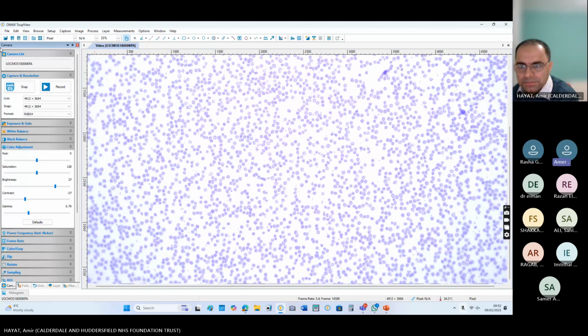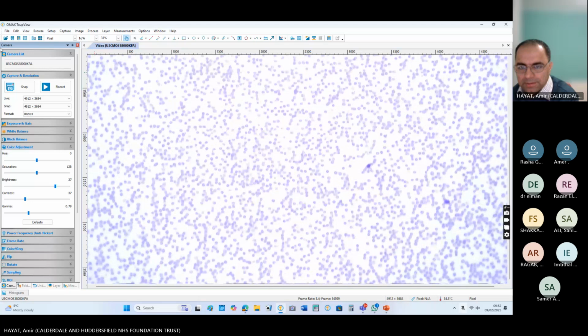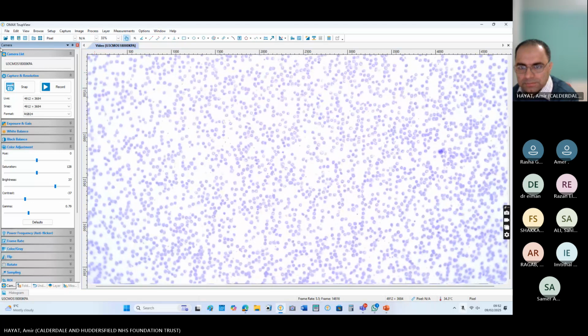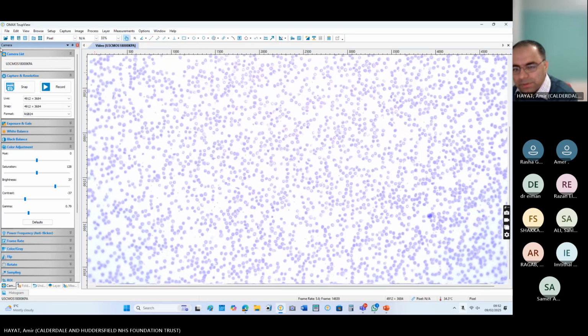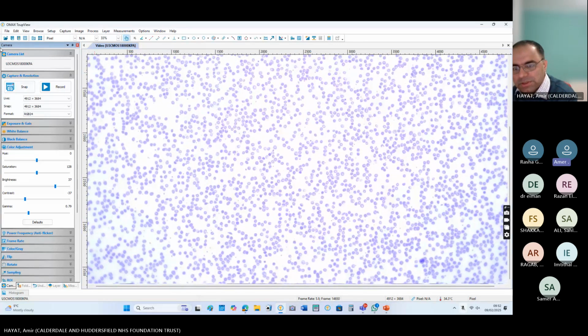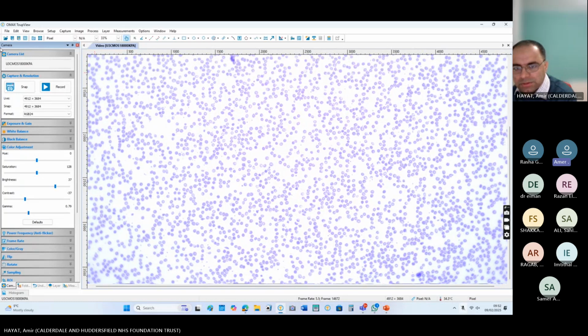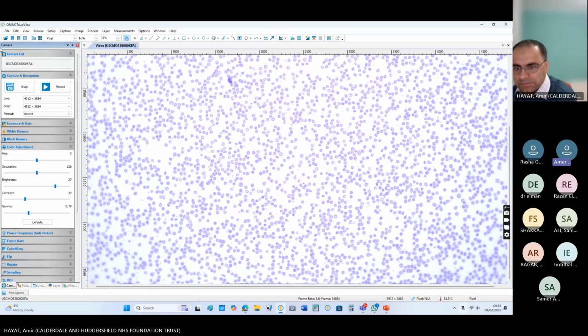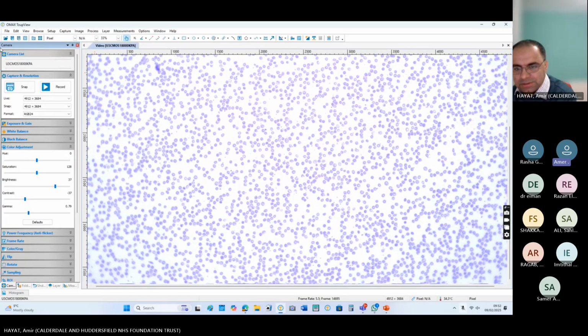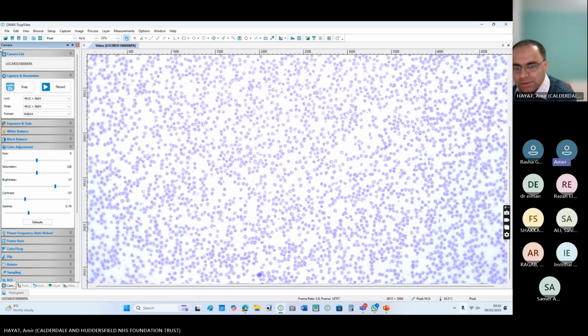This is power 10. And regarding HPLC, it is an FRCPath Part 2 question. It will not appear in Part 1. You will have the HPLC graph with you. You can quantify the hemoglobins very easily.